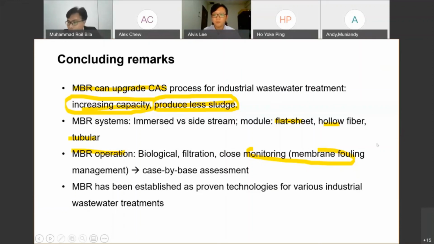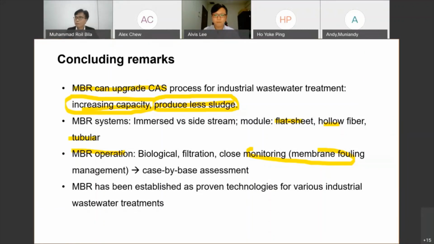Okay, the main impact will be because your loading is lower. If that happens just for one day or two days, and then reverts back to the design loading, that should be no problem at all for MBR.